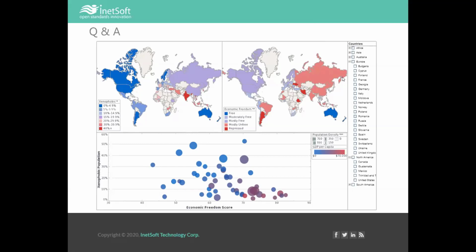Okay, next question is, can I still use the old style editor for charts? Yes. If I didn't quite make that clear, existing charts that you already have would not pop into the visualization recommender.